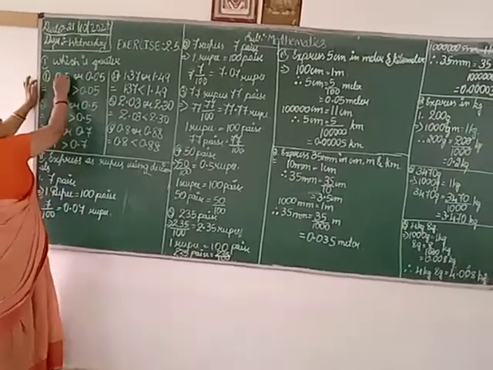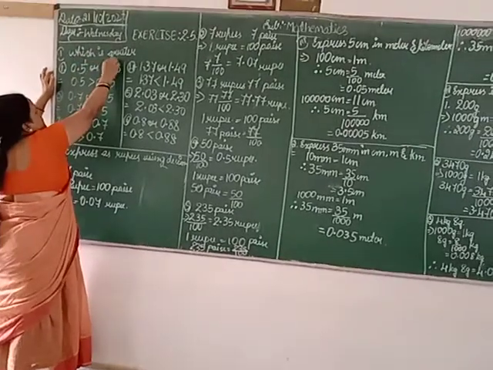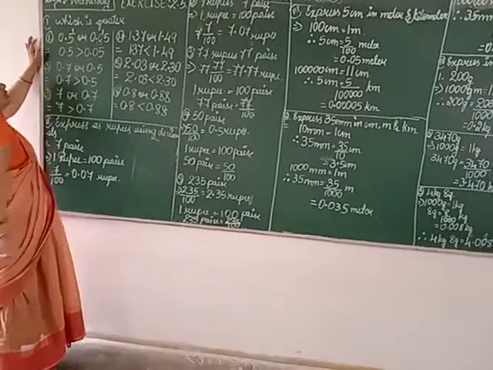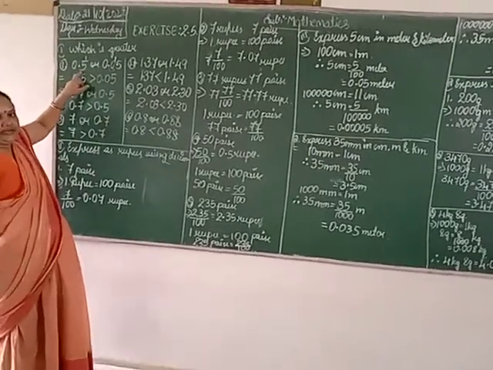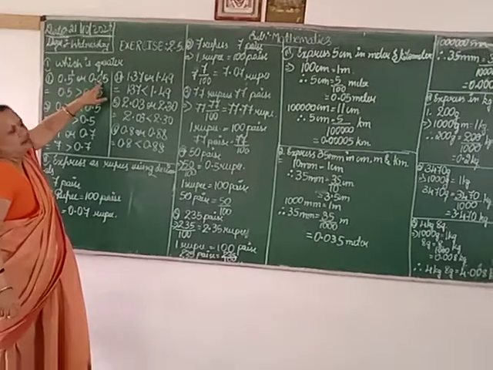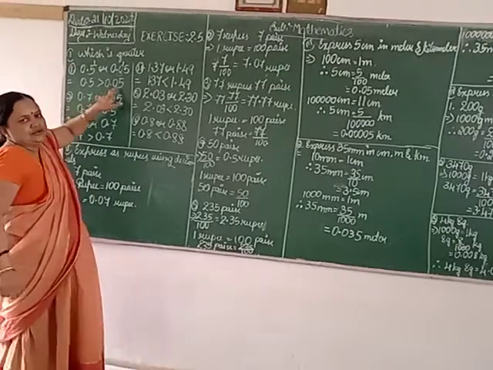See, what we have to do is compare after the decimal point. Here is 0, here is 5. Which is greater? 5 is greater, right? That is why 0.5 is greater than 0.05.